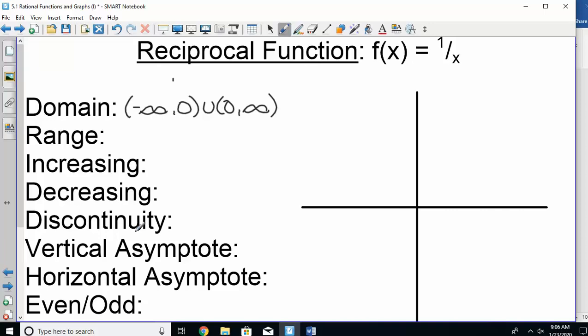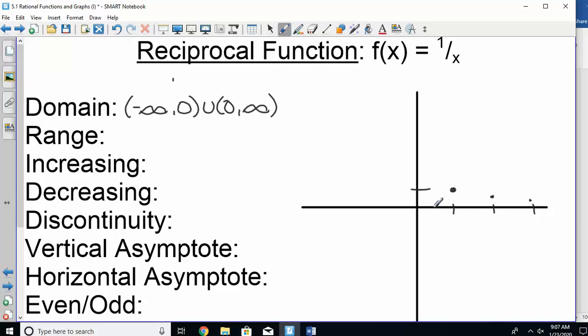If I plug in a 1, 1 over 1 is 1. If I put in 2, 1 over 2, 1 half. If I put in a 3, 1 over 3, 1/3. Okay, what if I put in a fraction?